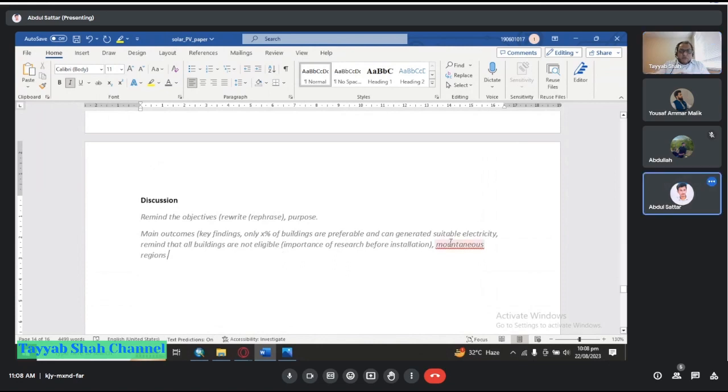Yes, sir. So that's the first point I will say: this study will give us a number which we can discuss, about 34% of the buildings in this region qualify for rooftop solar panels.